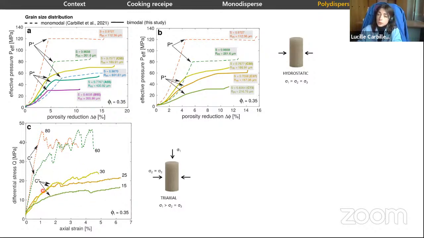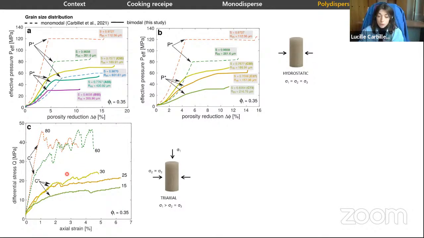Again, the stress required to reach inelastic compaction is much lower in these samples compared to these ones. What's really interesting here also is that in the post-yielding behavior, after P star, we don't see any stress drops on these curves, while we were seeing them almost all the time on the monomodal samples.